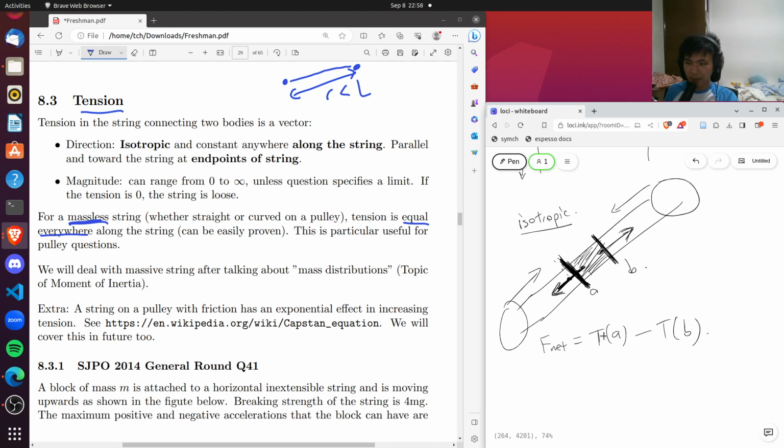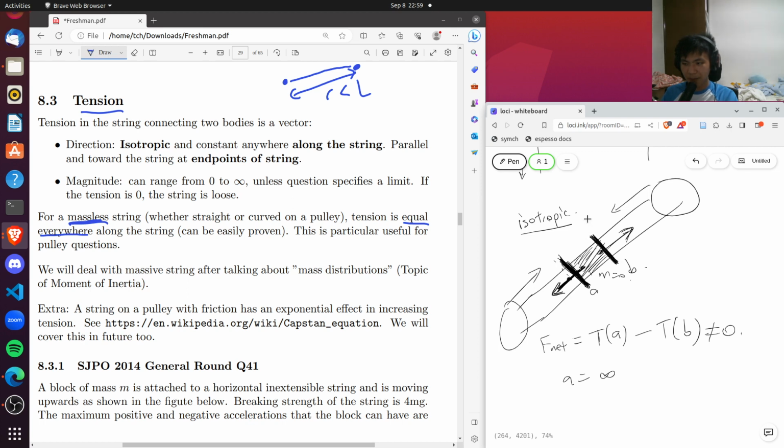So you can see that if there is any net force, if it's not equal to 0, because this string is massless, your acceleration will be infinity. And of course, that will adjust the string such that it'll reach a case where the tension everywhere is constant.